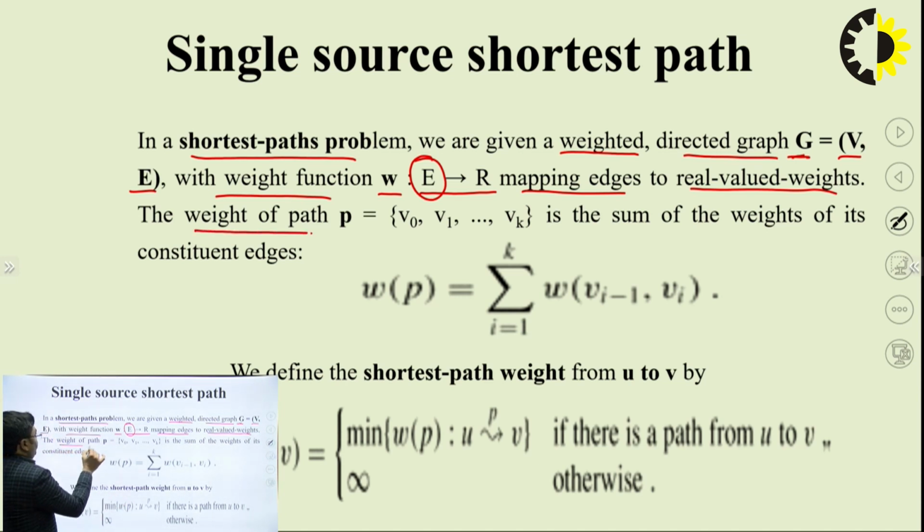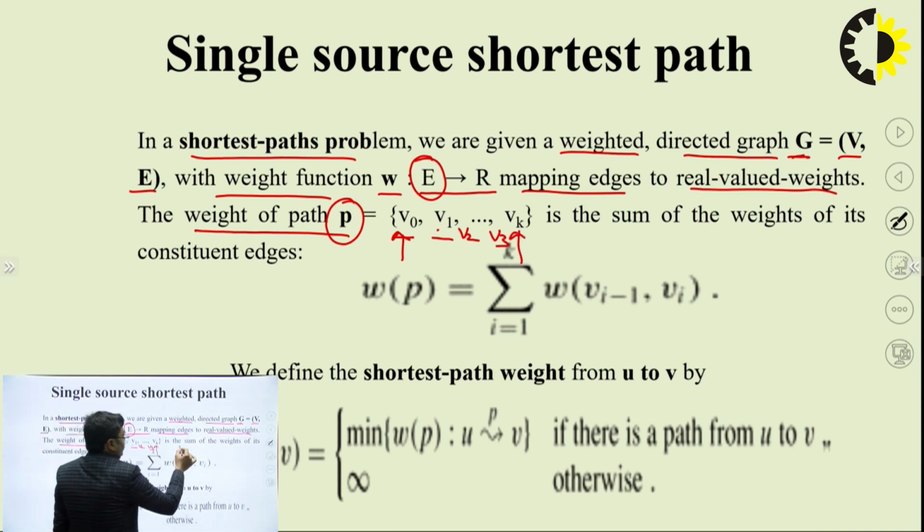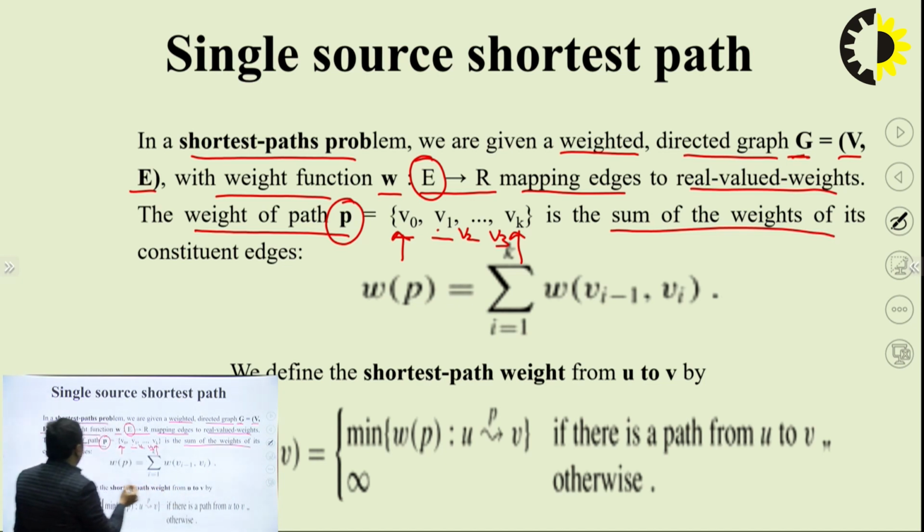The weight of the path P, from vertex 0 to vertex 1, vertex 1 to vertex 2, vertex 2 to vertex 3, and so on: if there is a path from vertex 0 to vertex k, the weight will be the sum of the weights of its constituent edges.